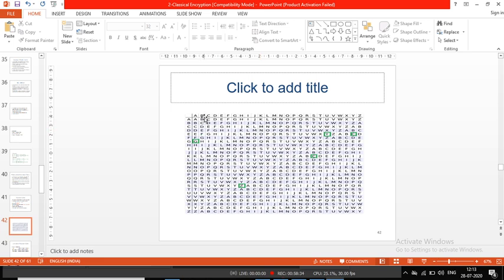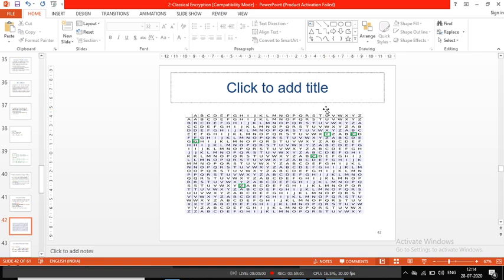If it starts with B, go with CDEF like that. In this chart, column wise ABCD represents the key, and row wise ABCD represents the plain text.